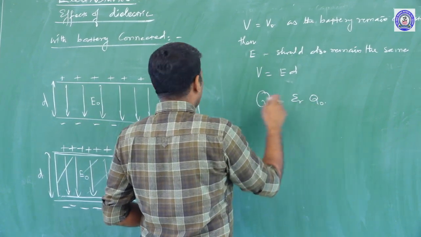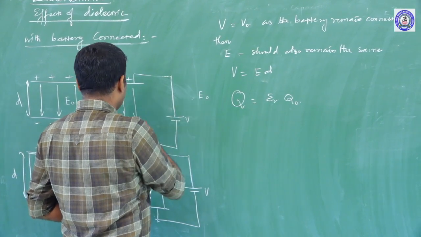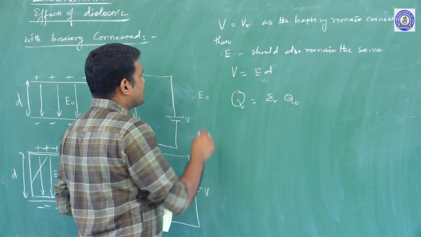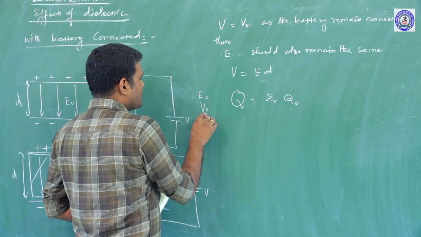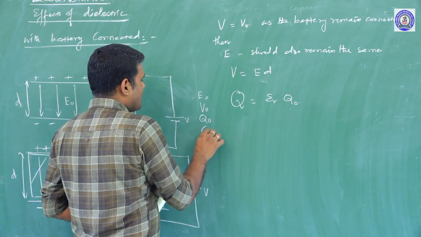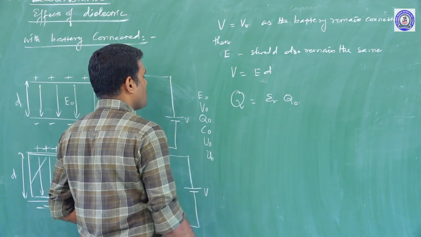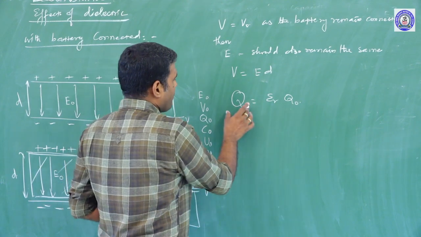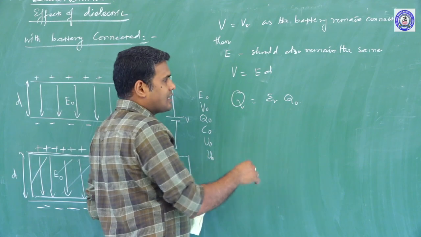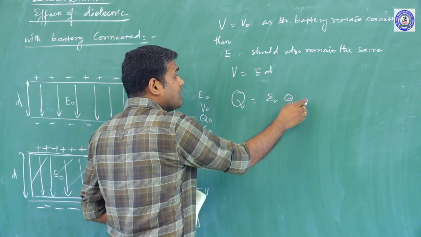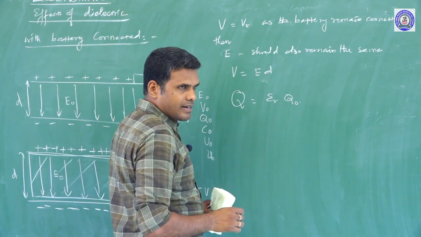As you know very well, without the introduction of dielectric, the electric field between the plates is E naught, potential is V naught, charge is Q naught, capacitance is C naught, potential energy is U naught, potential energy density is small u naught. Now with the introduction of dielectric, the charge Q is epsilon r times Q naught. So charge increases by epsilon r times.